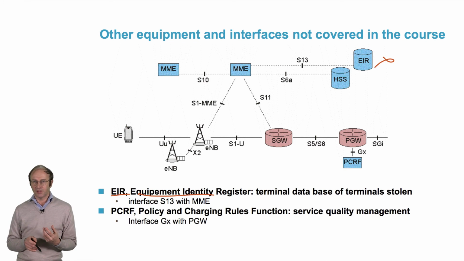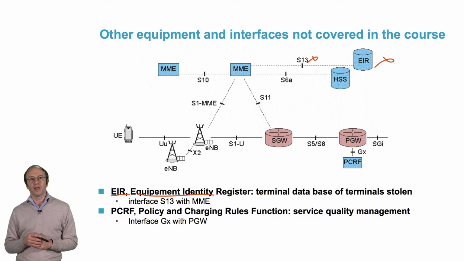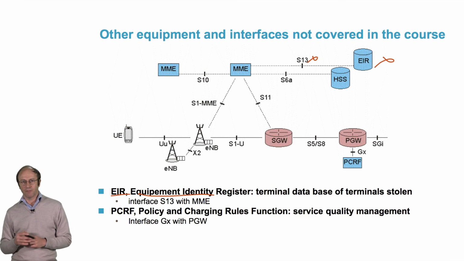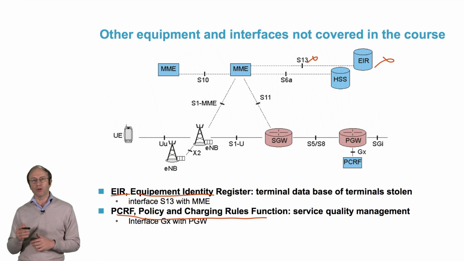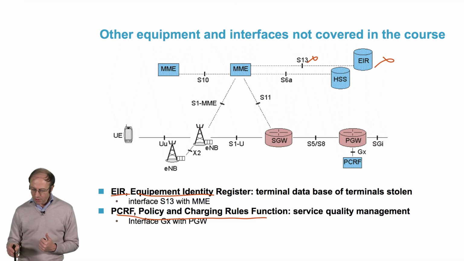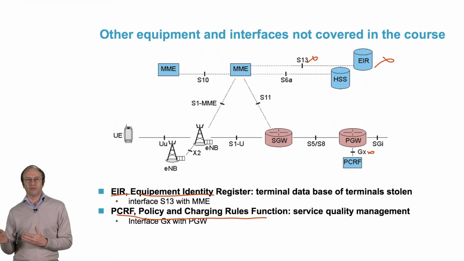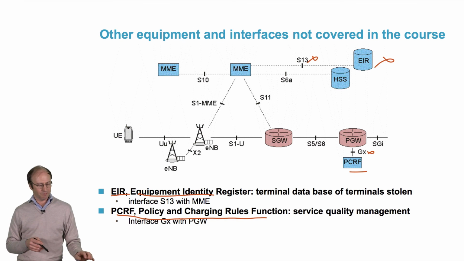The interface between the MME and the EIR is called S13. We also have the PCRF, Policy and Charging Rules Function, which takes care of managing quality of service. And there is a Gx interface between the P-gateway and the PCRF.